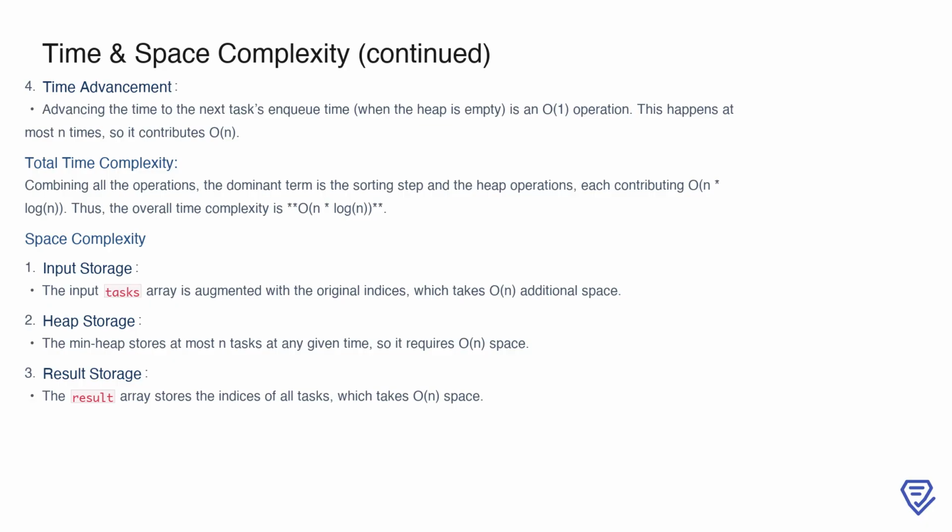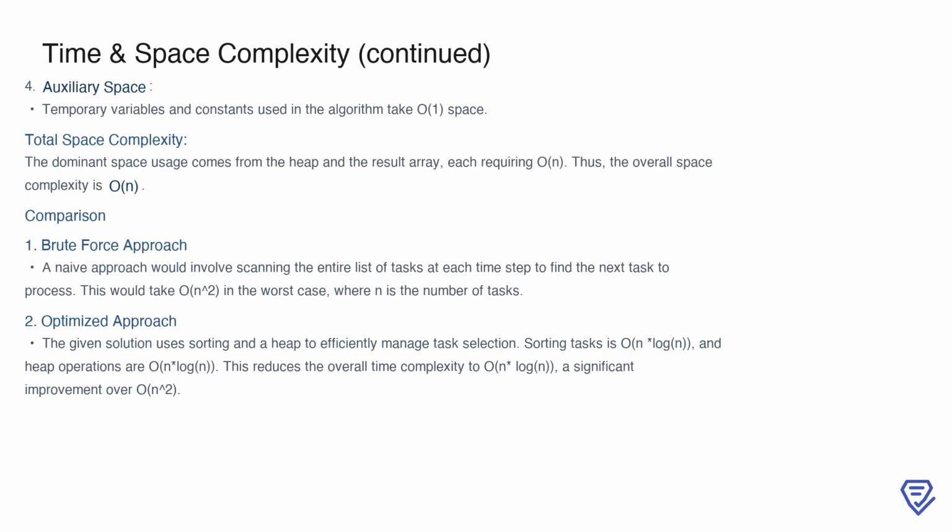These are the primary contributors to space usage in the algorithm. In terms of auxiliary space, the algorithm uses a few temporary variables and constants, which require only O(1) space. Combining all factors, the dominant contributors to space complexity are the heap and the result array, both requiring O(n). Thus, the overall space complexity is O(n).